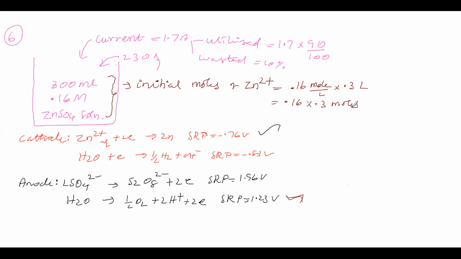Then we have to find how many moles of Zn2+ undergo cathodic reduction. At the cathode, Zn2+ undergoes reduction. If 2 moles of electrons are consumed, 1 mole of Zn2+ undergoes reduction by taking 2 moles of electrons. 2 moles of electrons means 2 into 96,500 coulomb.